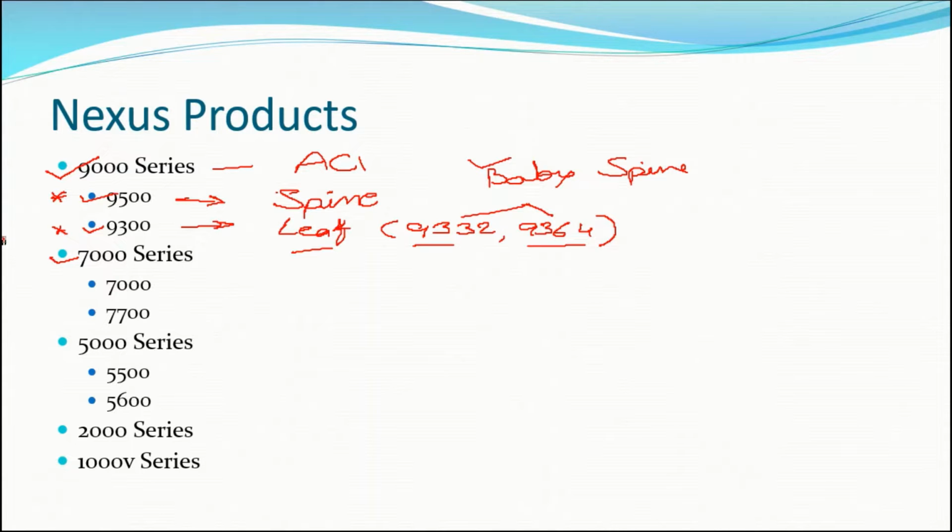These switches have the capability for virtualization. They were developed in this way so that we can use these switches in a virtualized environment. Virtualized means that we can create multiple virtual switches within one physical switch.